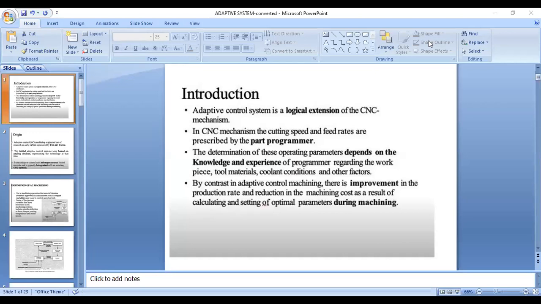If at all productivity is to increase, for example, instead of doing it in 5 minutes, if possible you can do it in 2 or 3 minutes, it is very productive, right? That counts as productivity. So even that is possible, we'll see how. So this, as it says, it is a logical extension of the CNC mechanism, right?